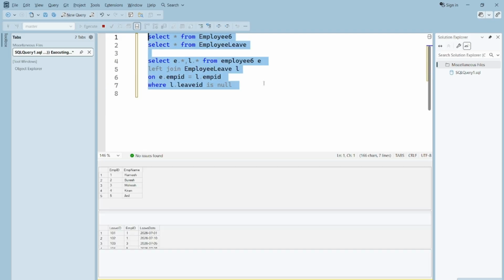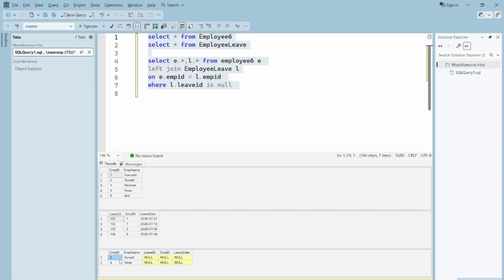Run this query and check the final output. For employees 2 and 4, Suresh and Kiran, they didn't take any leave. Those details they want, right?